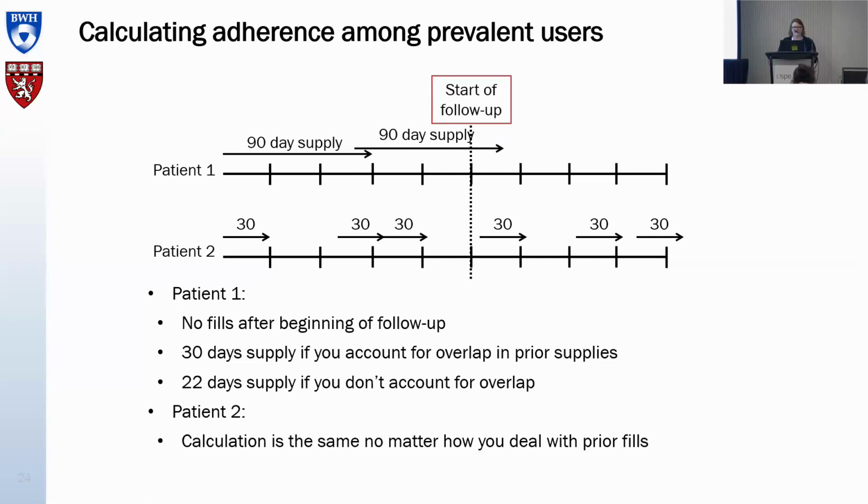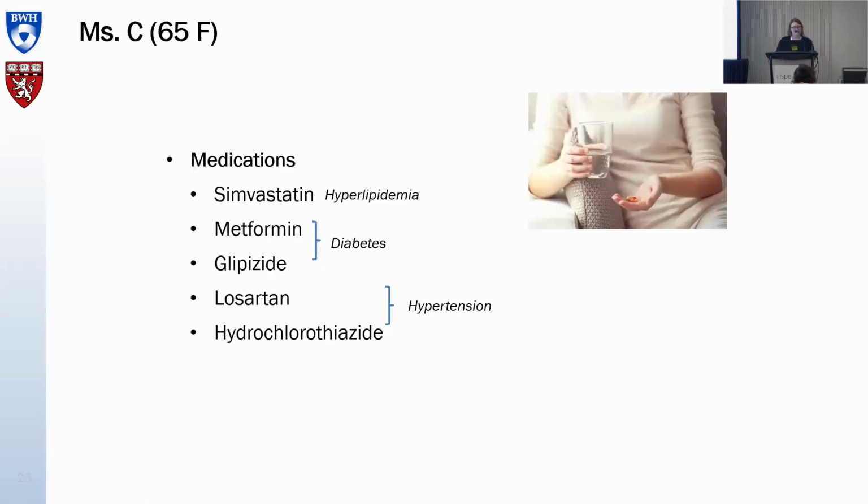Okay. So let's take an example of a patient to talk through some other situations that matter when we're measuring adherence. Ms. C takes a couple of different medications for cardiometabolic disease: high cholesterol, 2 for diabetes, and 2 for high blood pressure. She's a very real patient.